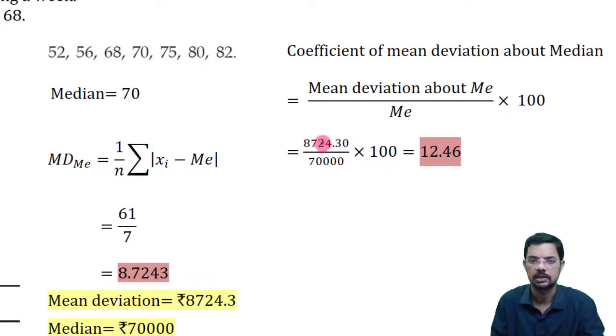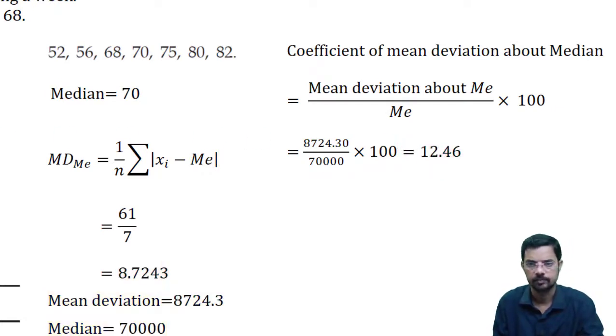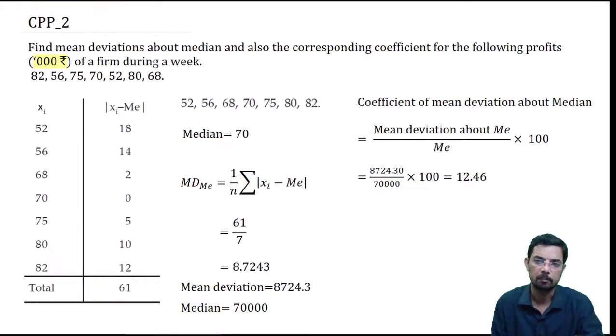We have 8724.30 divided by 70,000, into 100, which gives 12.46. So 12.46 is the coefficient of mean deviation about the median.